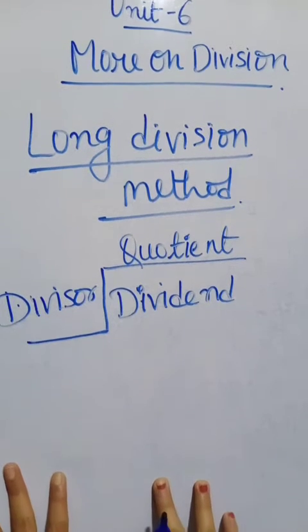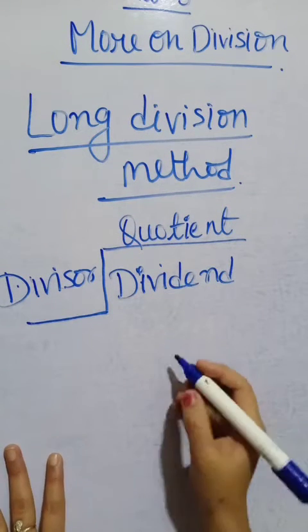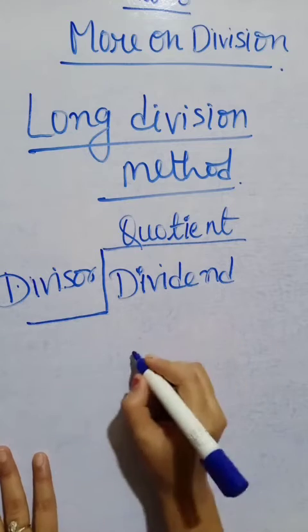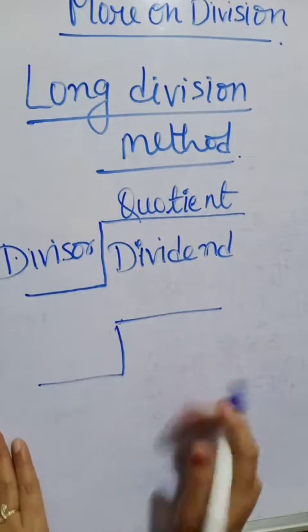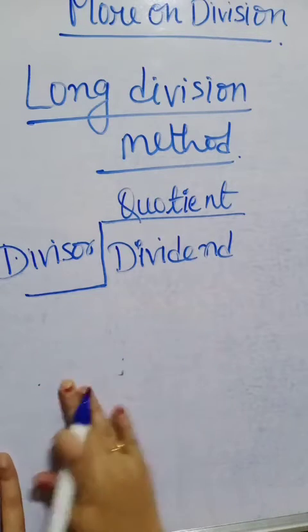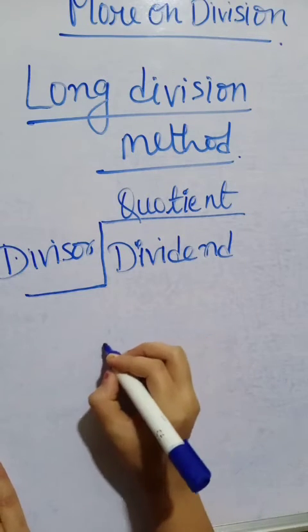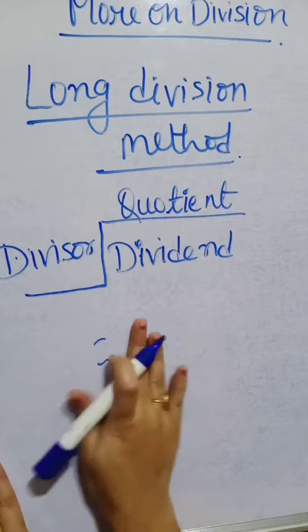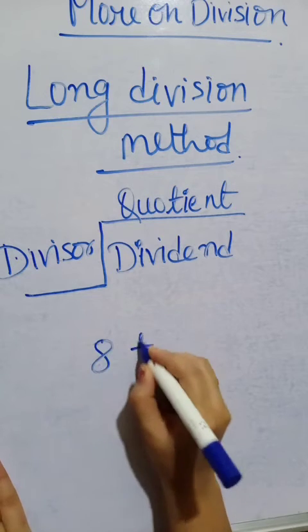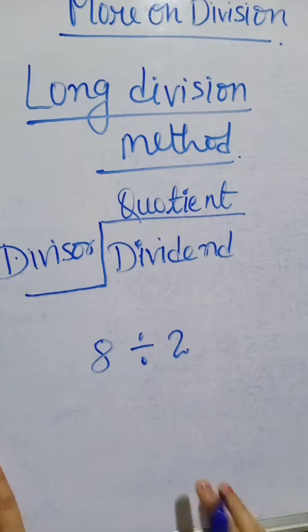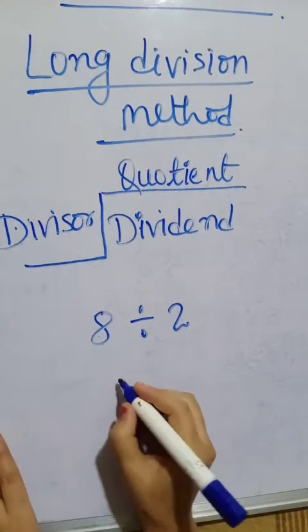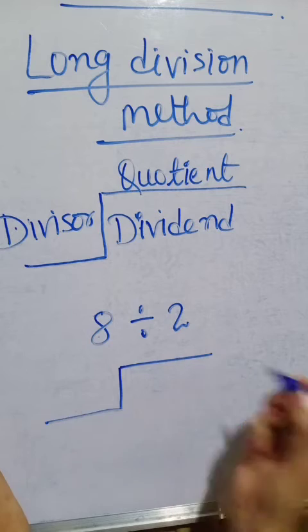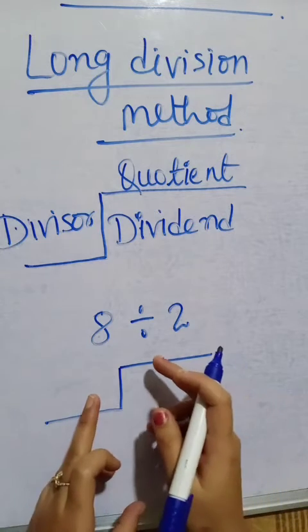Suppose there is a question. What is the question here? It is 8 divided by 2. So you have to do this divide by the long division method. So how will you divide it? You have to make this column like this, and the dividend will be inside.